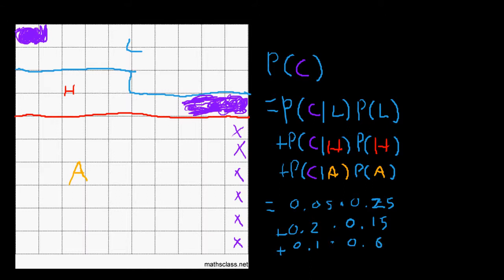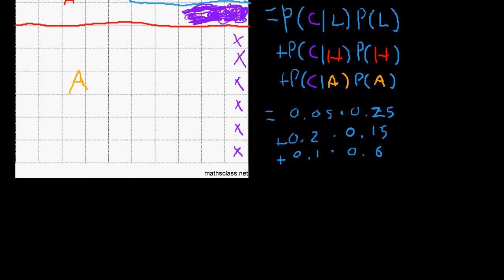So let's just work out what this is. All right. We have 0.05 times 0.25, so that's 0.0125 plus, and then 0.2 times 0.15, 0.03, and then plus 0.06.